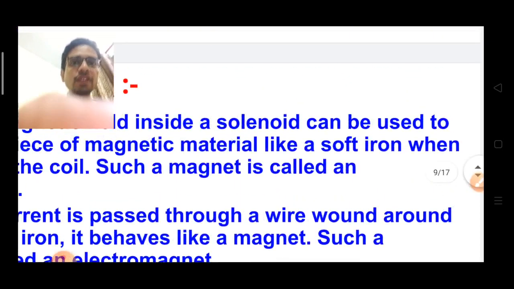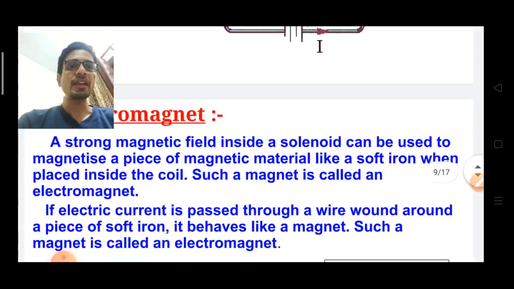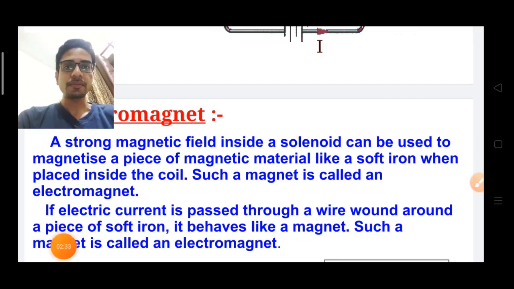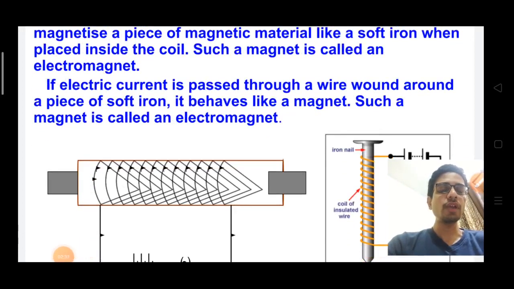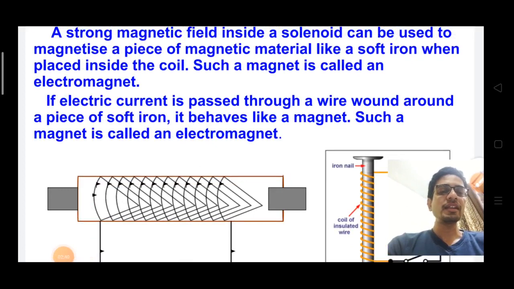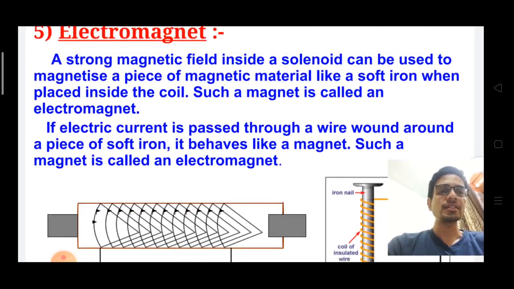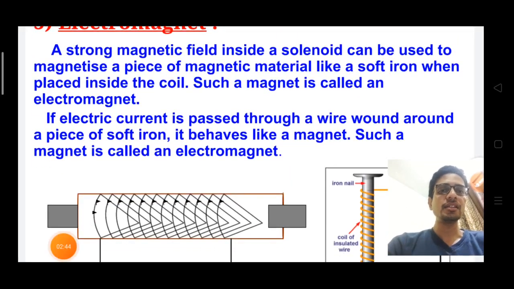You can read from this that a strong magnetic field inside a solenoid can be used to magnetize a piece of magnetic material like soft iron when placed inside the coil. Such a magnet is called an electromagnet. As you know, the solenoid has a magnetic effect, and that magnetic effect also magnetizes the iron nail. It becomes a strong magnet called an electromagnet.